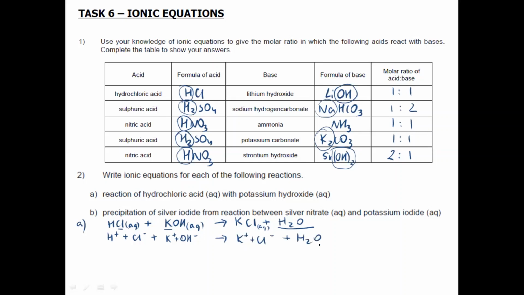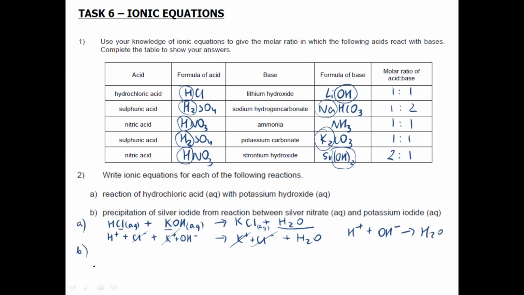Now eventually you'll be able to do that faster. I'm just doing it step by step so that you can understand the principle. So then we're going to have H plus K plus, there we go. So K plus and Cl minus cancel out, and what you end up with is your final answer: H plus plus OH minus gives you H2O. That is your final answer.